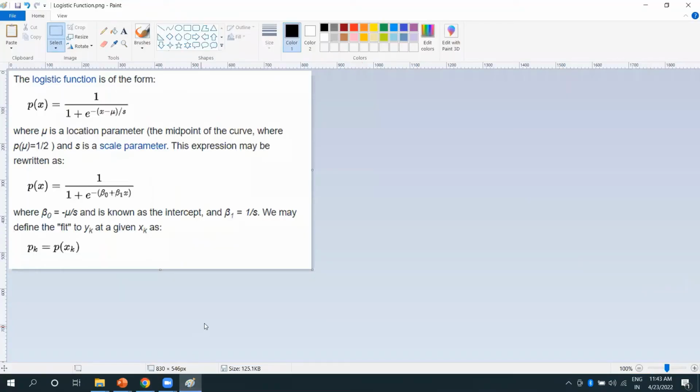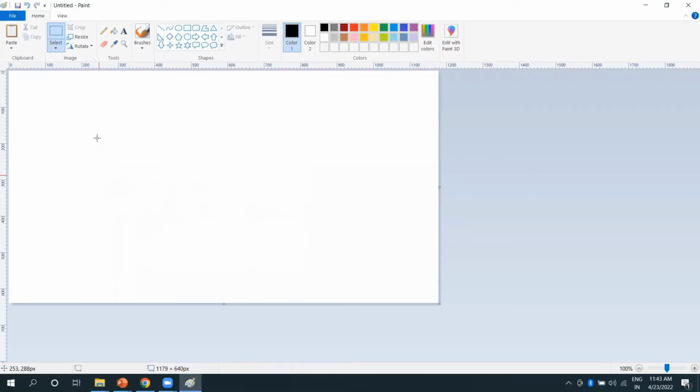Let's say you have a vector called weights: W naught is there, W1 is there, W2 is there.